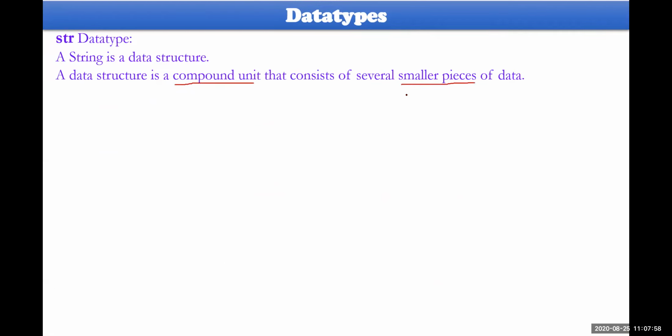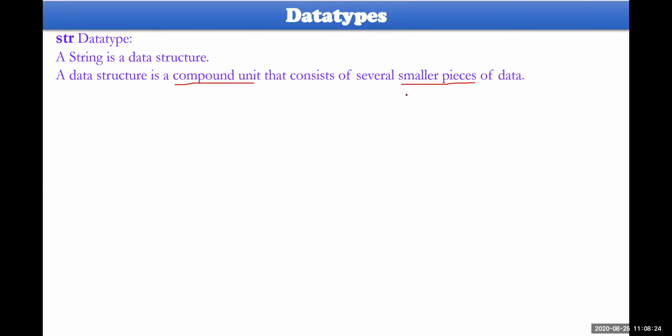Of course, this definition cannot be applied to all kinds of data structures. Actually, the data structure definition could not be seen like this. I am talking about the definition of data structure in terms of strings only. So in terms of strings, a data structure will be a compound unit.